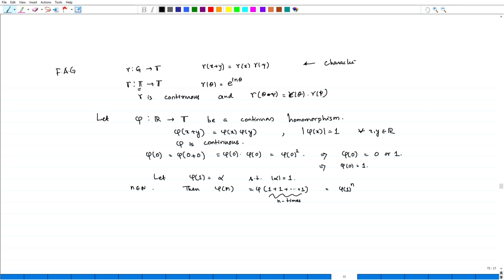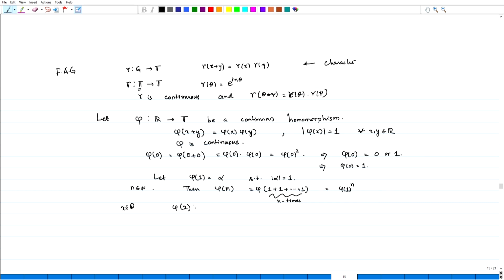Then we would like to see what happens if x belongs to Q; we would like to find the value of phi of x.